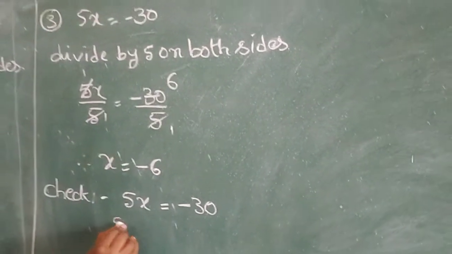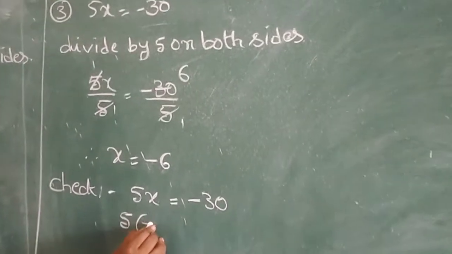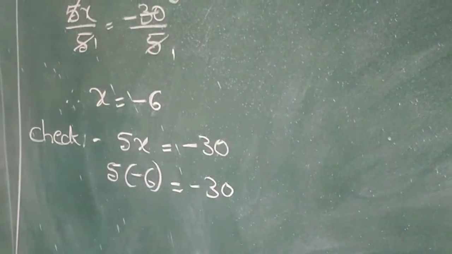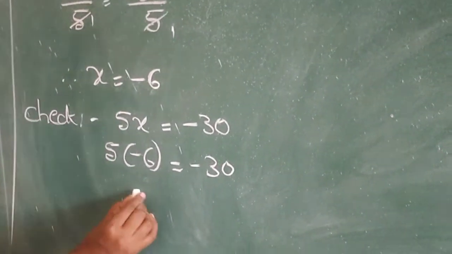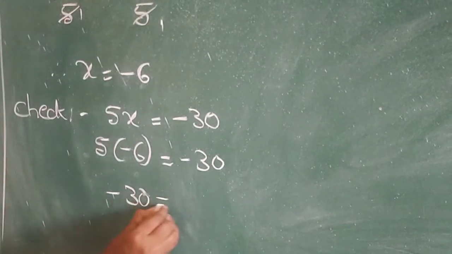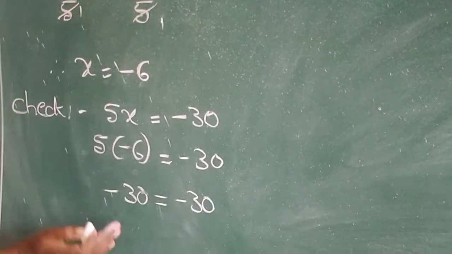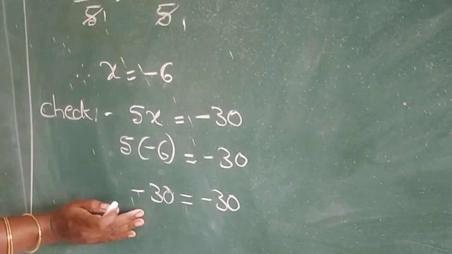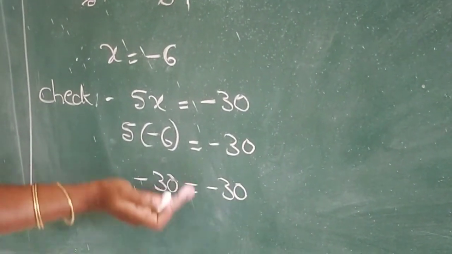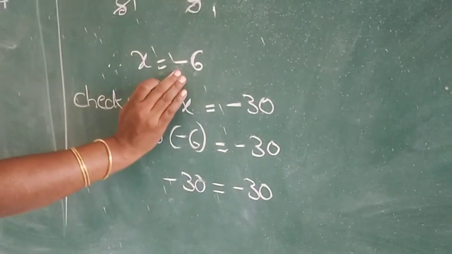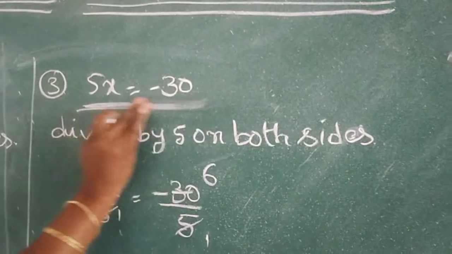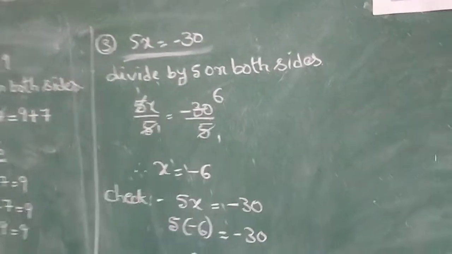So in LHS, 5 into minus 6. 5 sixes are 30, plus into minus is minus 30, so it is equal to minus 30. The value of LHS is equal to the value of RHS. So the variable value is minus 6, satisfying the equation 5x equal to minus 30.